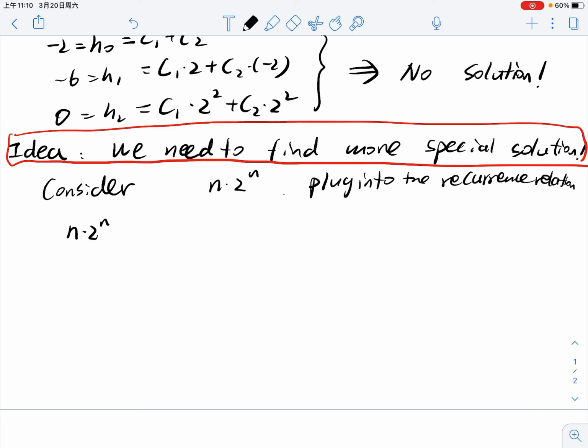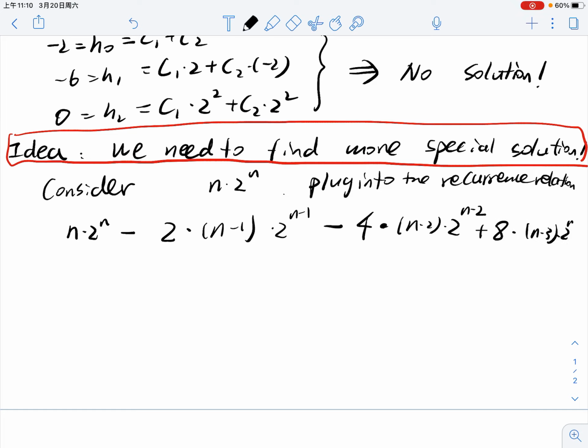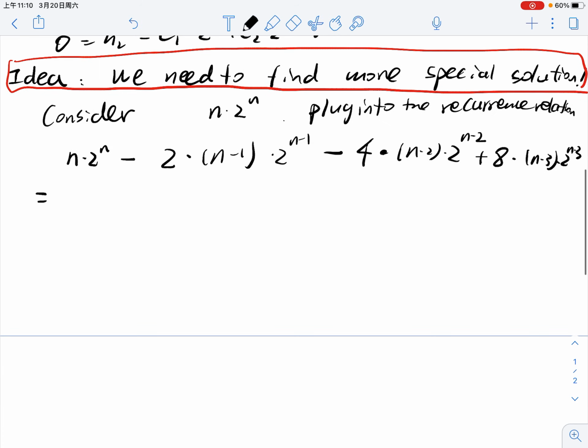We have n times 2 to the n minus 2 times (n minus 1) times 2 to the n minus 1, minus 4 times (n minus 2) times 2 to the n minus 2, plus 8 times (n minus 3) times 2 to the n minus 3.